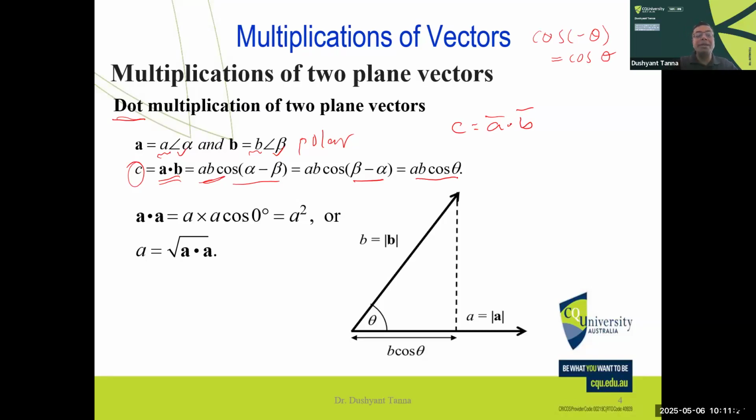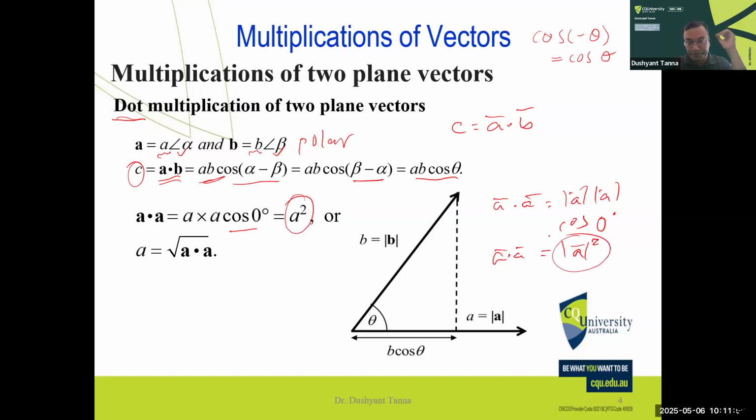But if you're talking about A dot A, so vector A with the vector itself, what does it give you? You can say mod A, cos of the angle between them, which is 0 degrees. Because what angle does a vector form with itself? 0 degrees. Cos 0 degrees is 1. So it gives you A squared. So A dot A is A squared. And what is mod A?